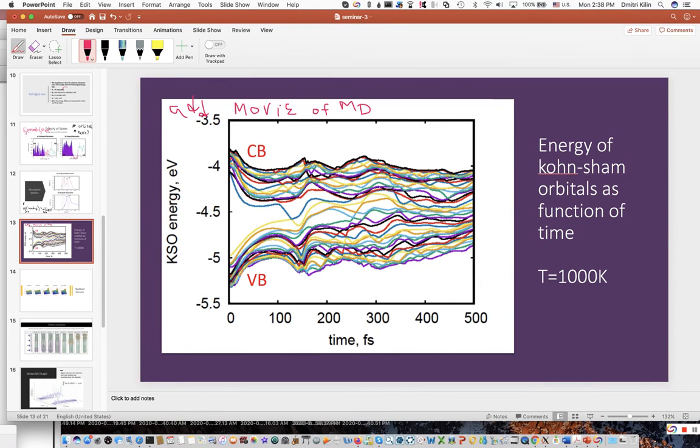This is because the energies of each orbital are dependent on the ion's positions, which is essentially dependent on time. So that's the reason for this phenomenon.